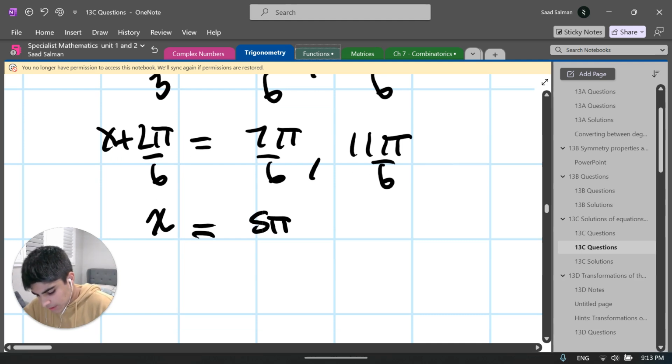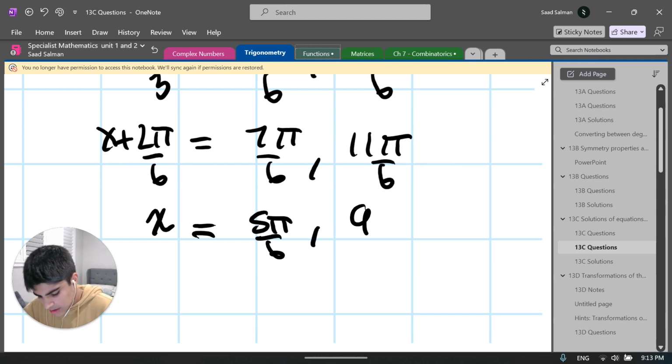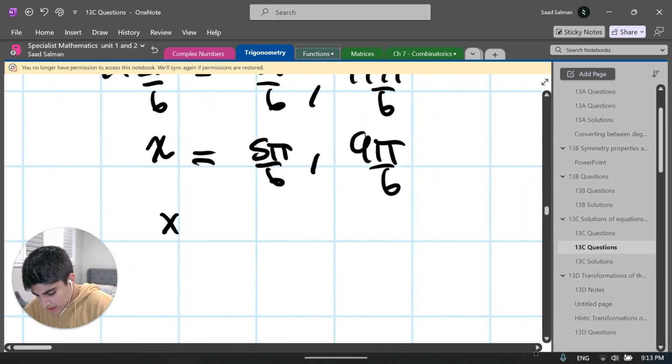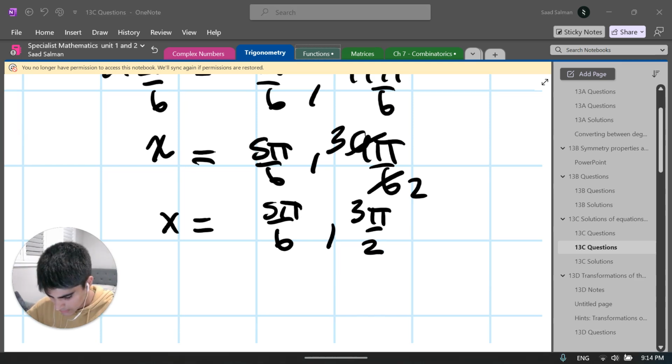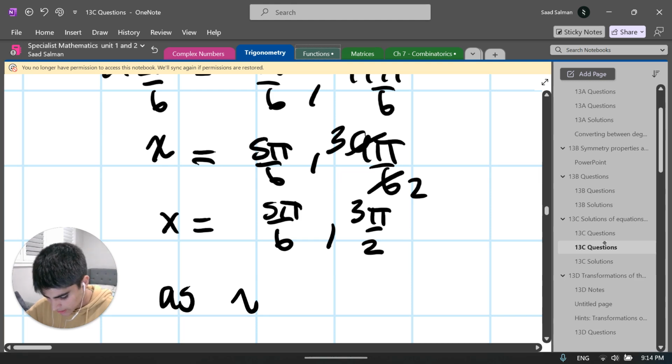X equals 5 pi on 6 and 9 pi on 6. Let's simplify the solution here. X equals 5 pi on 6 and 3 pi on 2, as x is an element of 0 and 2 pi.